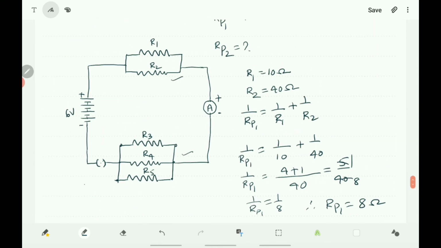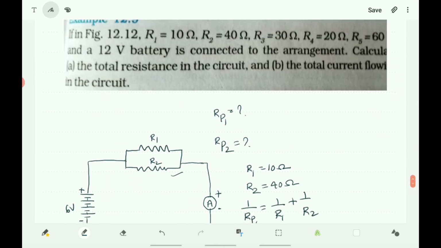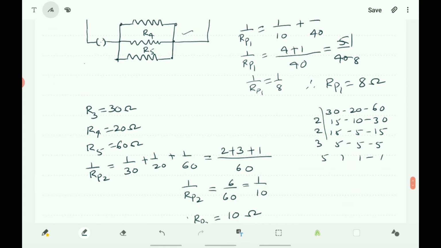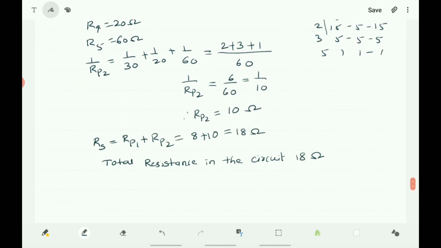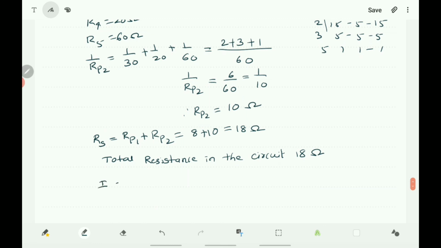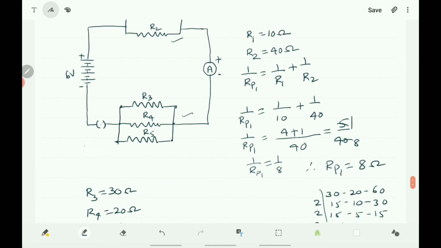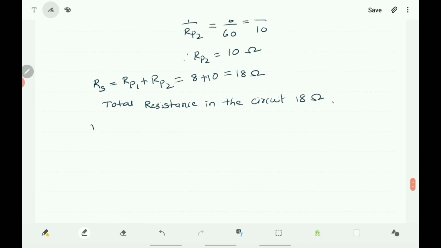The next one is the total current flowing through the circuit. We know that I is equal to V by R. Here it is given that V is 12 volt and resistance R is 18 ohm, and we find the current flowing through the circuit, I is equal to question mark.